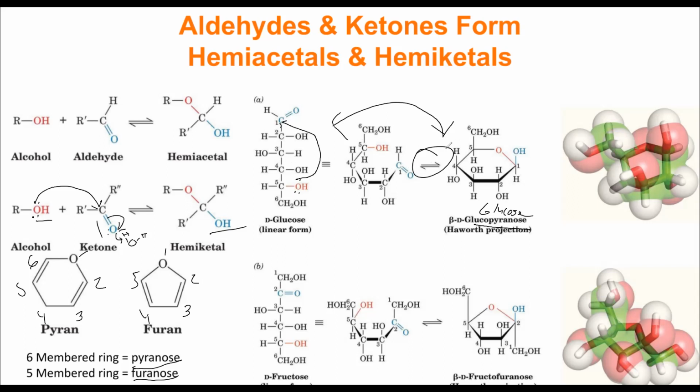I don't remember the exact percentages in my mind. I want to say like 70% of the time it'll be cyclic, roughly 30% of the time it'll be linear. But just be sure you know how this reaction goes, that you can do this yourself, right? And so that's how we form a cyclic sugar. And on the bottom here, we have the same reaction, but for a fructose to make our furanose.